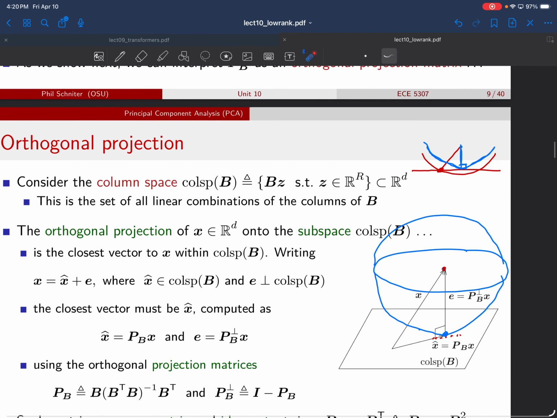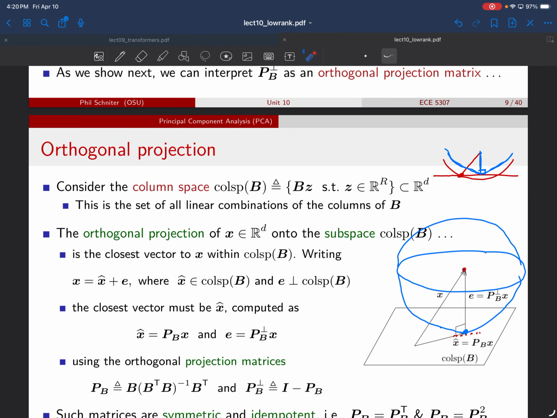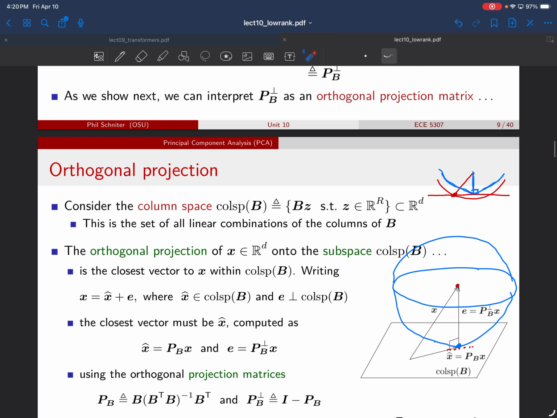Okay, so in this particular problem, the plane, which is a kind of subspace, is actually the column space of the matrix B, which is the set of all linear combinations of the columns in B. Here you have B multiplied on the right by a vector z that gives different linear combinations, and we are allowing all possible z.